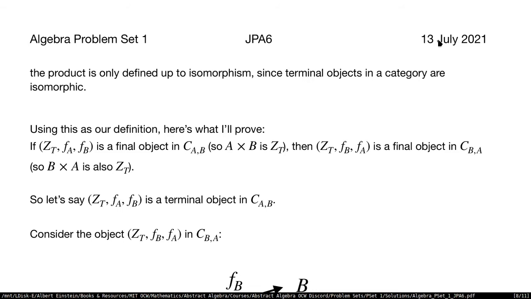In Set, it's ordered pairs of the elements of the sets. We don't have elements in a general category, so there's nothing to form ordered pairs of. But you can form ordered pairs not only of sets, but of different objects themselves, right? These objects A and B, we don't know what they are.